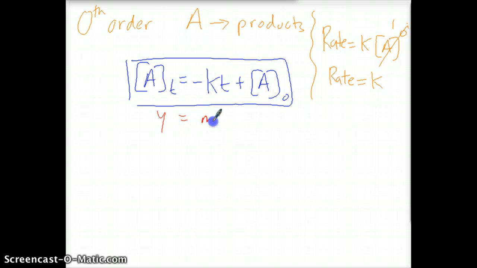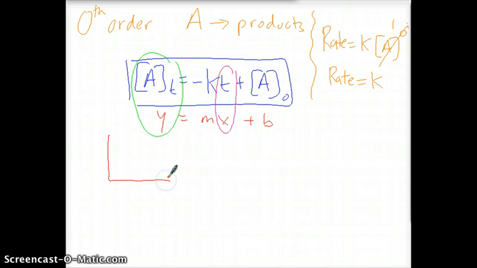Again, this gives us the form of y equals mx plus b, where on my y-axis I would put the concentration of A, and on my x-axis I would put t. So if I plotted this graphically, I take the concentration of A, the reactant, and plot it against time, what I'm going to get is a negative slope, a line pointing down, where the slope equals negative k.